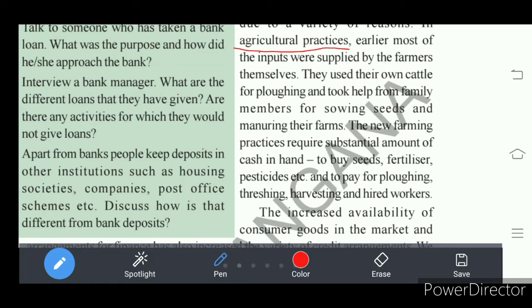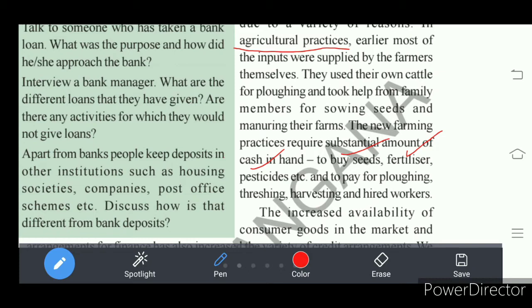and manuring their farms. But today, the new farming practices need a substantial amount of cash in hand readily for buying seeds, fertilizers, and pesticides, and to pay for ploughing, threshing, harvesting, and hiring workers.